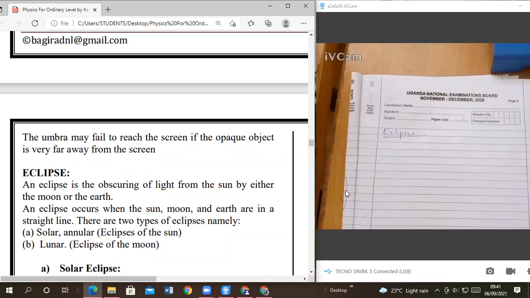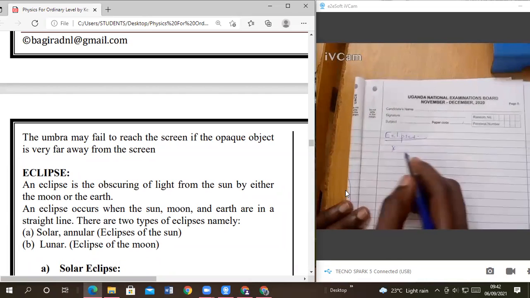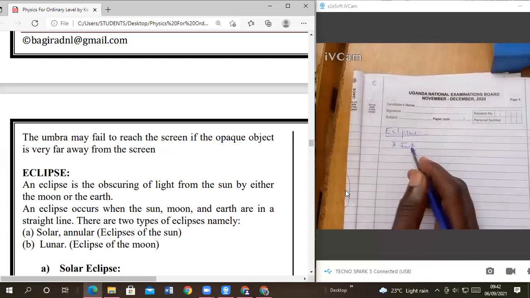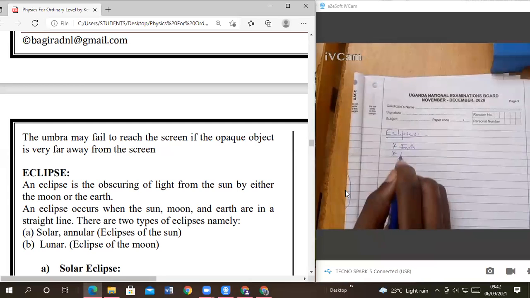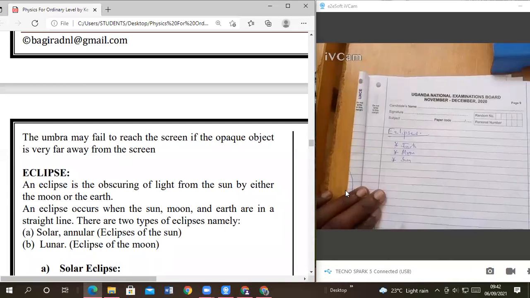For eclipse, members, we look at three components. You must take note of: we have the earth, then we have the moon, then we have the sun.